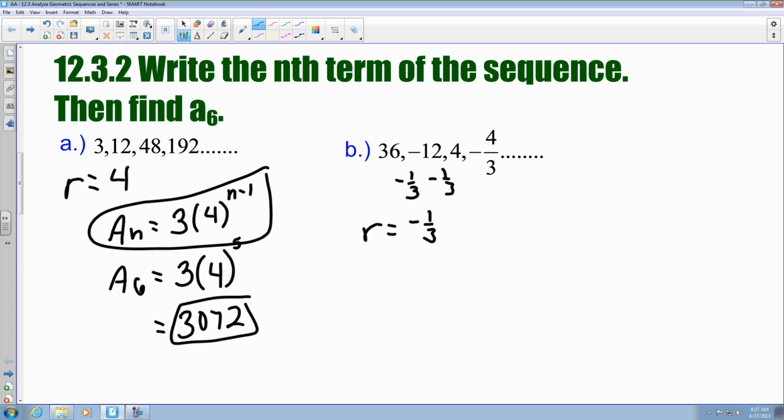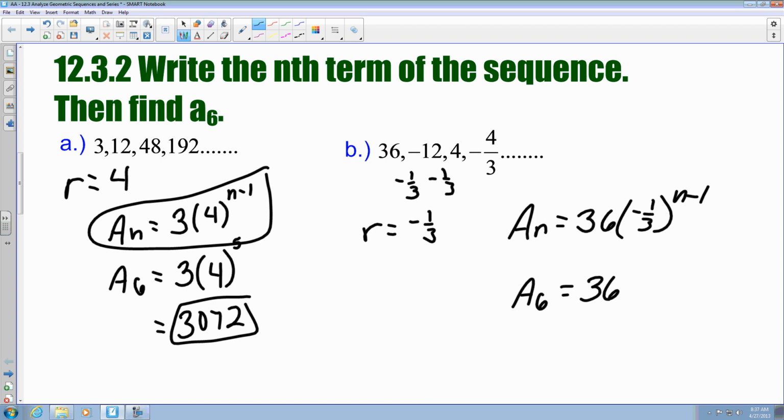Now when I want to write my a sub n here, I go 36, which is a sub 1, times the common ratio, which is negative 1/3, to the n minus 1. So now when I'm looking for a sub 6 in this case, I get 36 times negative 1/3, and n is 6, so 6 minus 1 is 5.